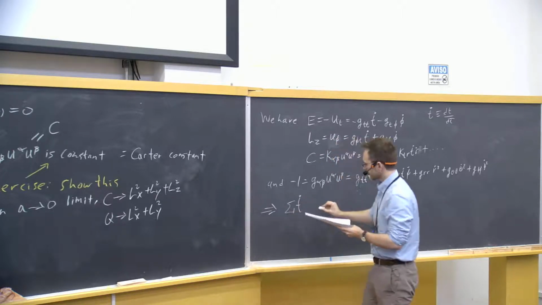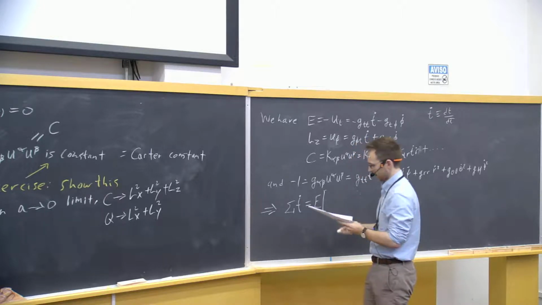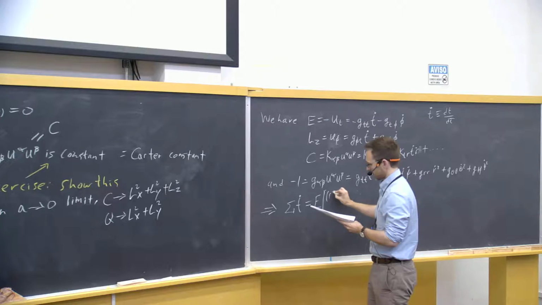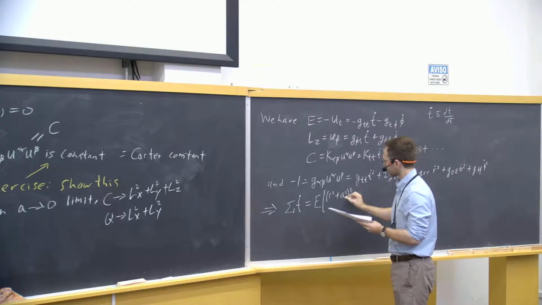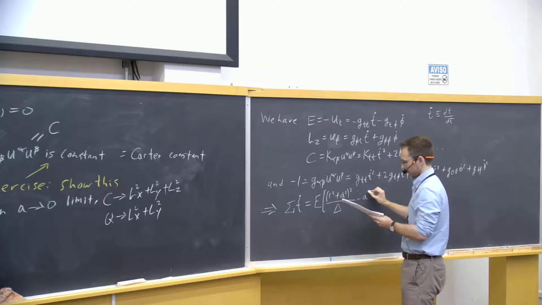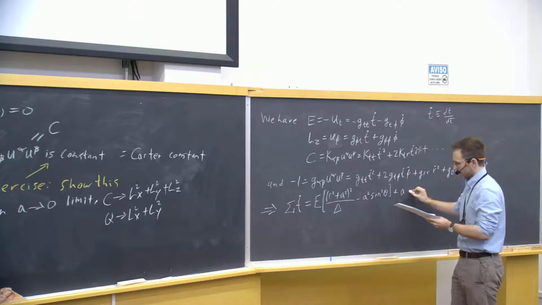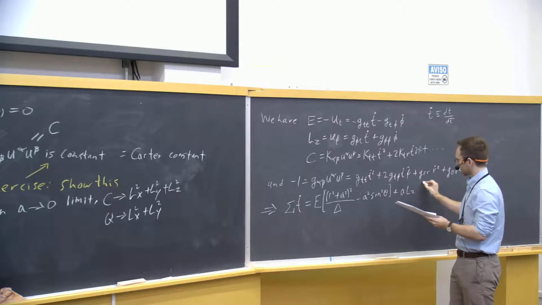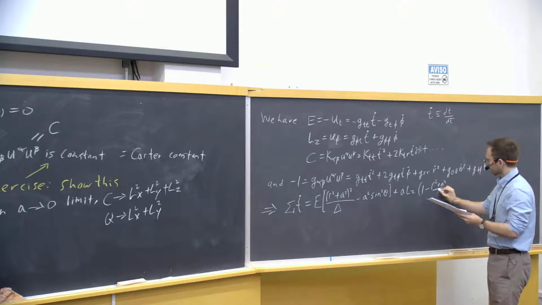And when you do that, you get sigma t dot is E times (r squared plus a squared) all squared over delta minus a squared sine squared theta, plus a Lz times 1 minus (r squared plus a squared) over delta.